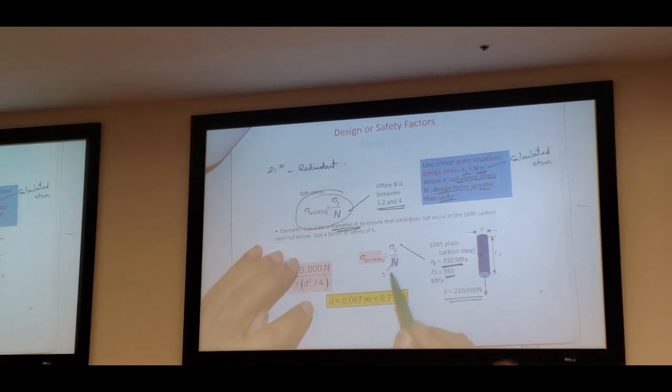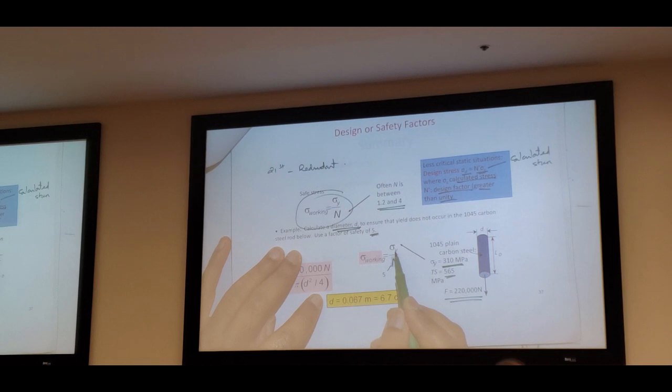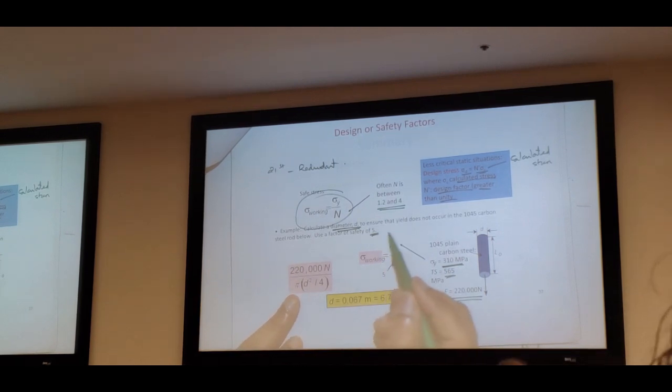So how can you determine that? Your safety factor is given as 5. The equation is sigma working equals yield strength over n. The question asks to take the safety factor as 5. So how can you determine the diameter?